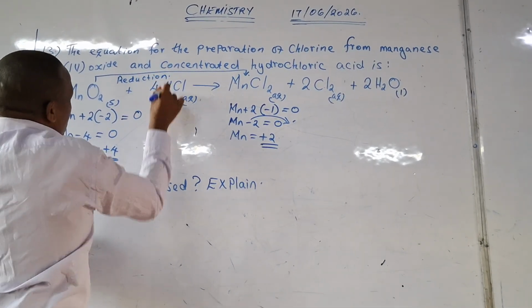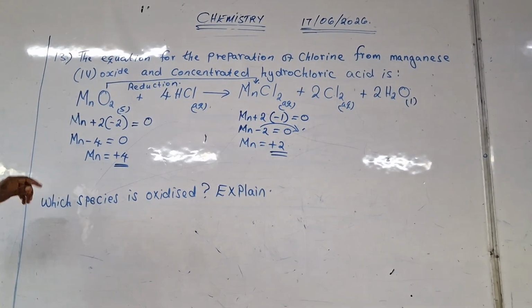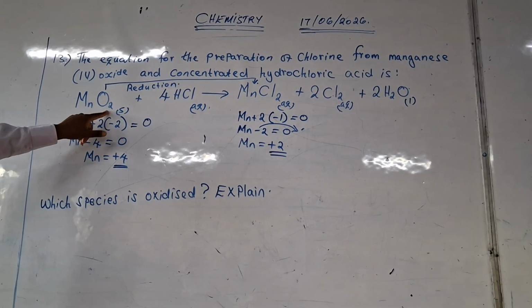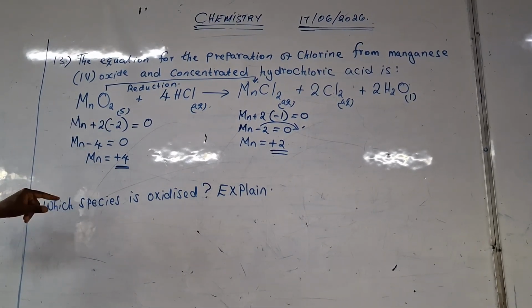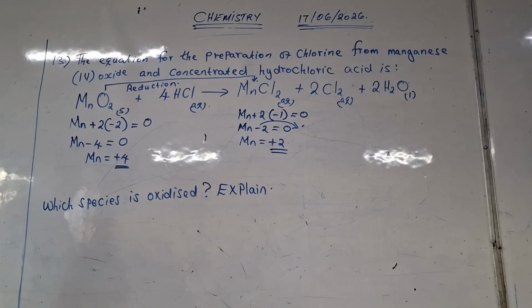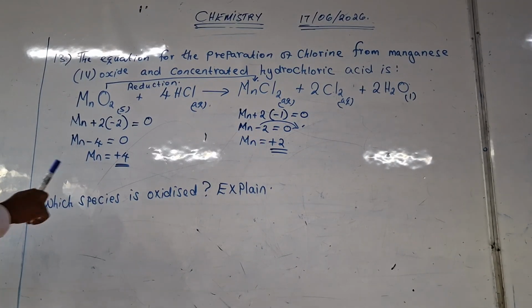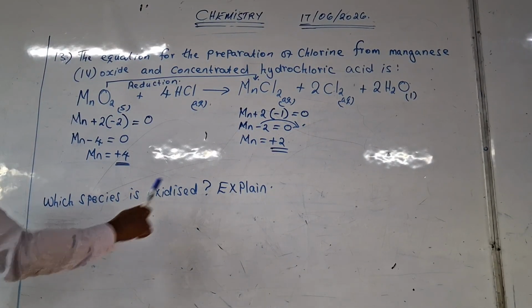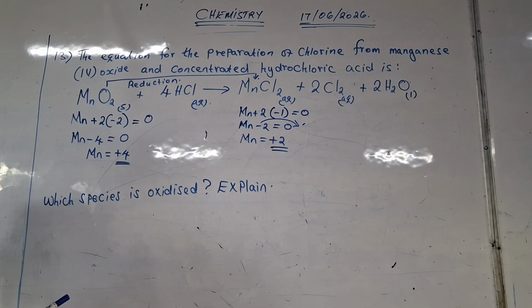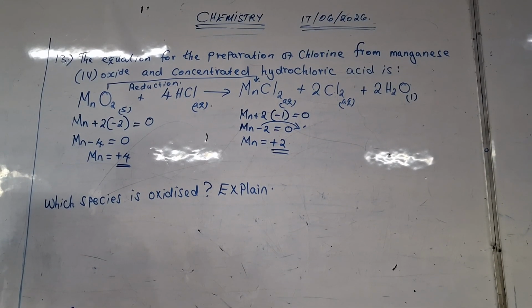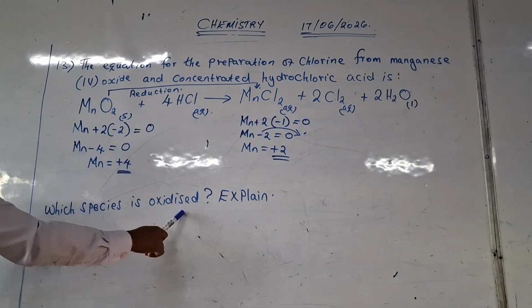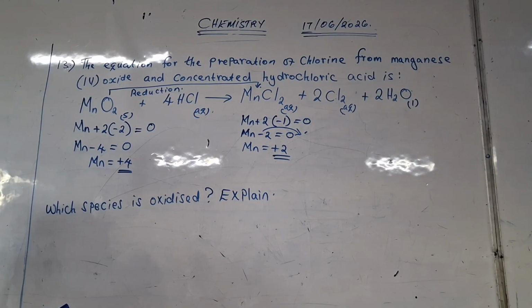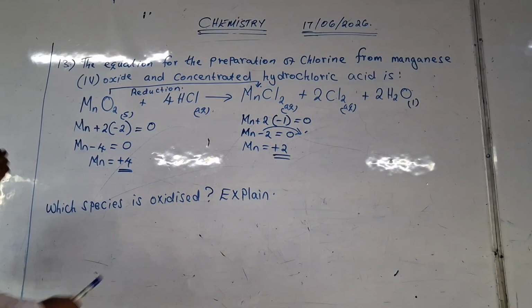So because it has undergone reduction, then manganese(IV) oxide is the oxidizing agent. Are we together? So has it become reduced or oxidized? Reduced. It has undergone reduction. So has the species been oxidized? No. Are we together? So we go here.